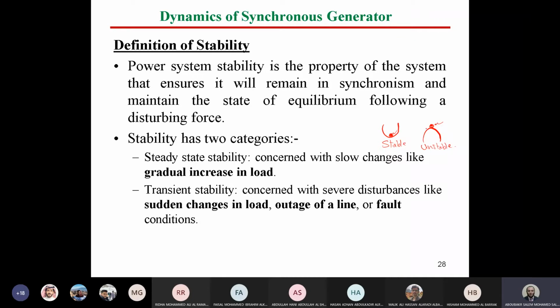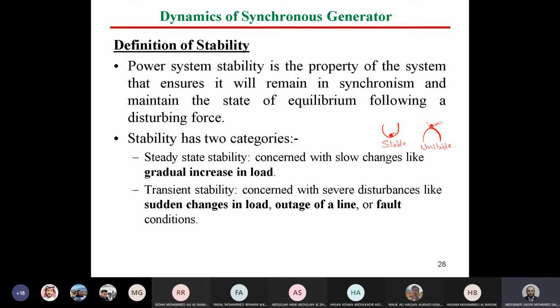What I mean here, guys, is if you make a disturbance to the ball, however, you add some barriers like that to avoid the ball dropping away, in this case you have an external thing that tries to keep the operating point at the same place. In this case, the system is unstable, however you added an external control in order to keep the system operating at its place. If there are no barriers for this ball, it will drop. So the system without closed loop control here is unstable.